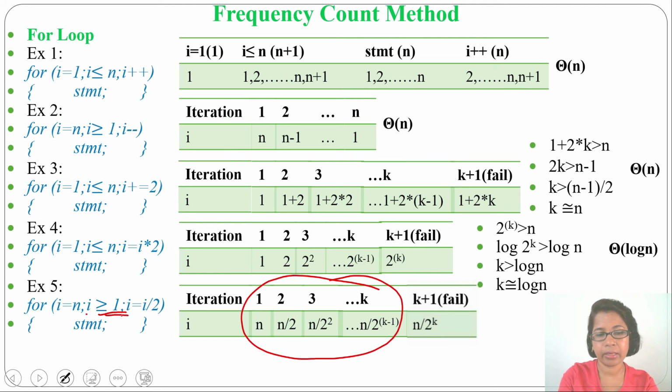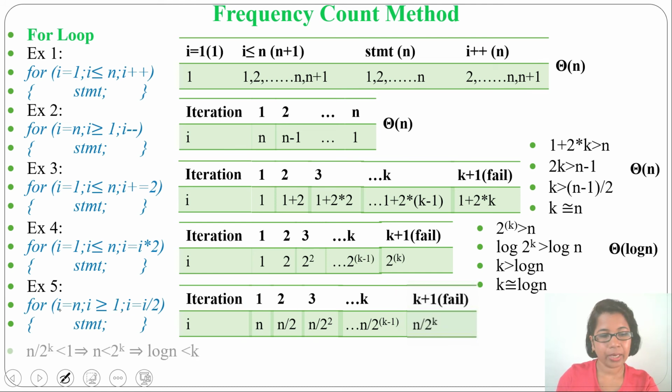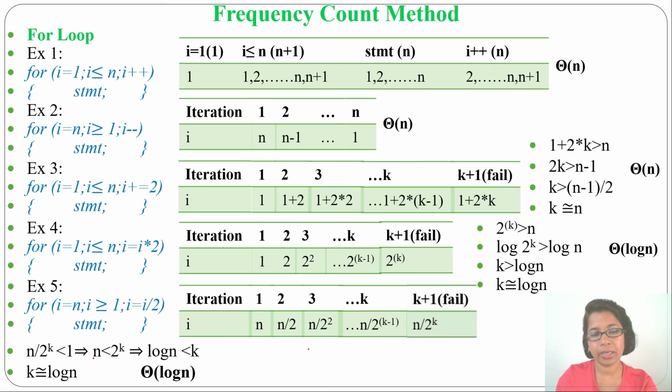Now n divided by 2 power k less than or equal to 1, so we can take 2 power k to the right side. N less than or equal to 2 power k. If we take log on both sides, log n will be less than k. We can say approximately k equals log n, so running time will be theta of log n.